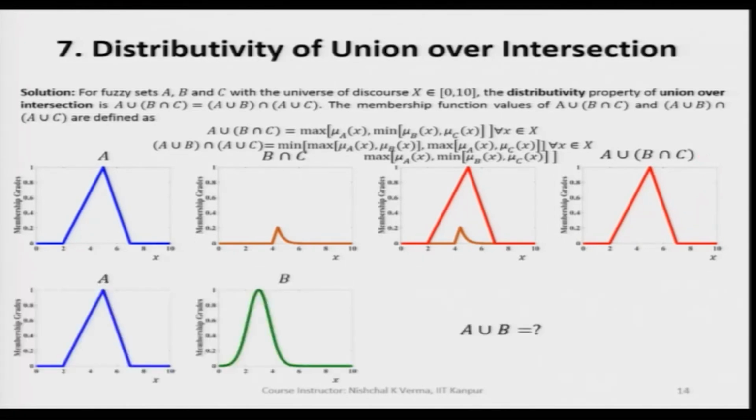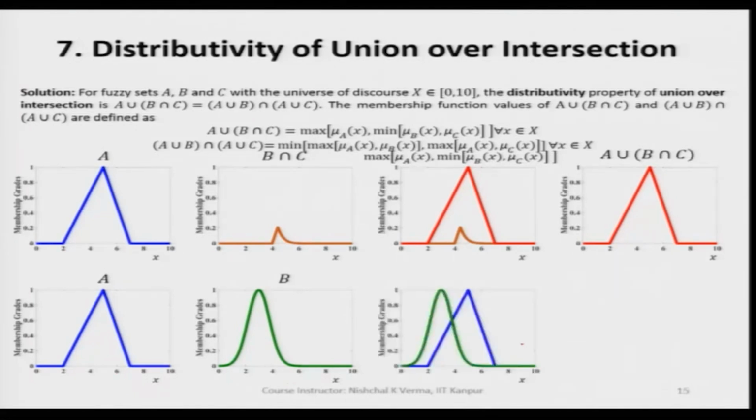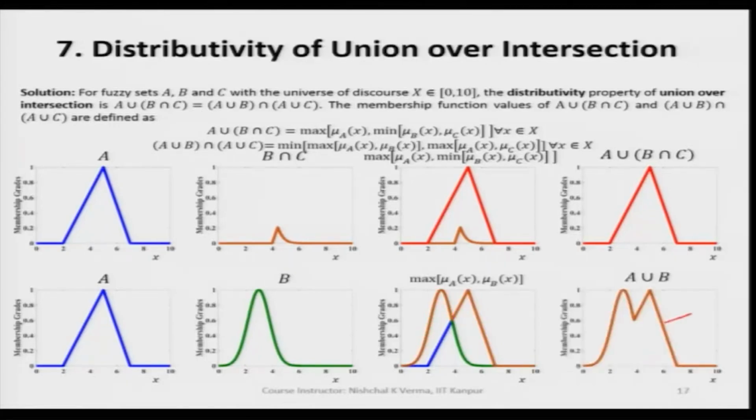So, when we are trying to see whether it holds good or not, for this we first have to find A union B. When we take union of A fuzzy set and B fuzzy set, after overlapping these two fuzzy sets A and B, and when we apply the max criteria, we are going to get this as A union B. Here this fuzzy set is a normal fuzzy set.